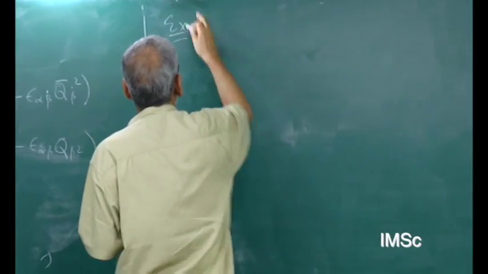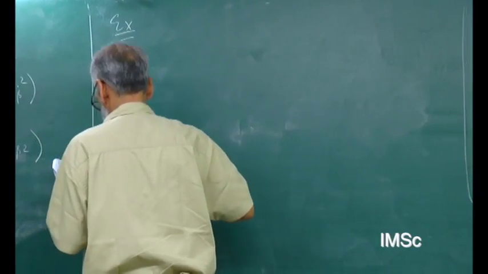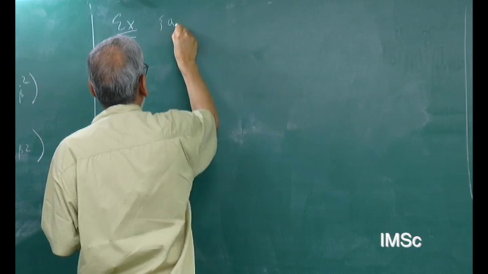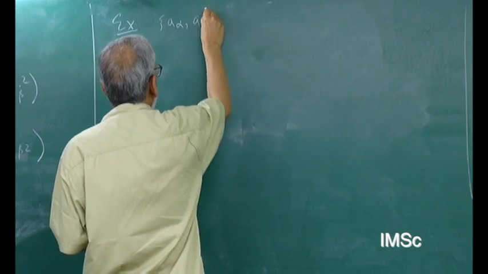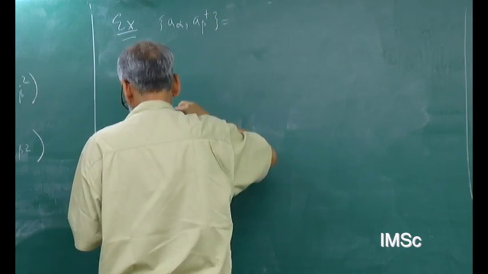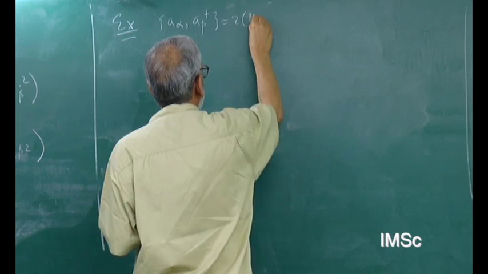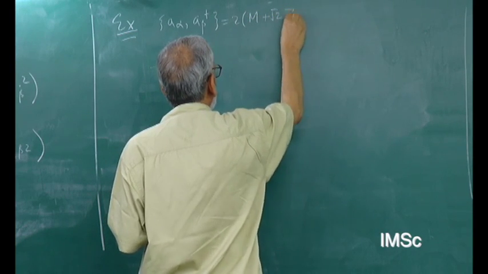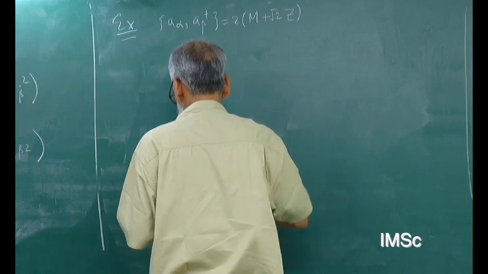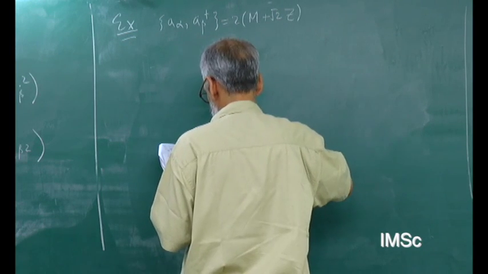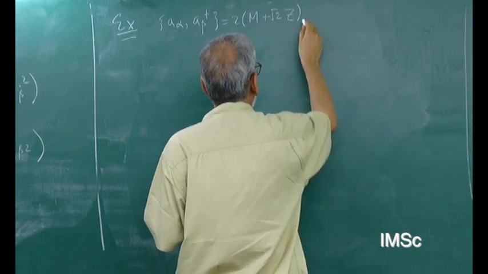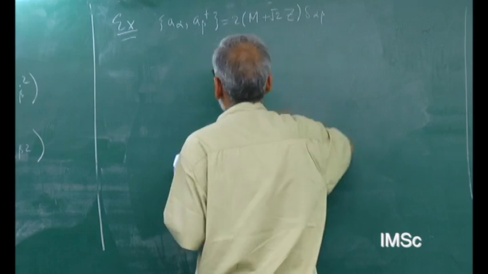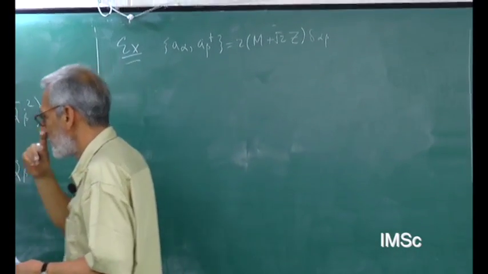Exercise. The anti-commutator of A alpha, A beta dagger is twice m plus root 2 z, delta alpha beta. Now, one more thing.